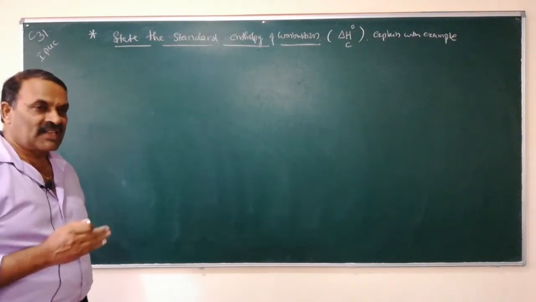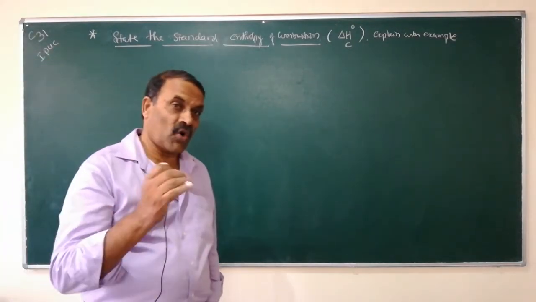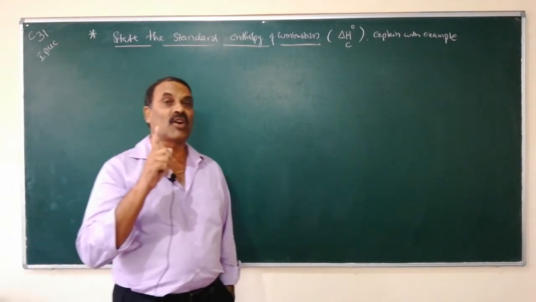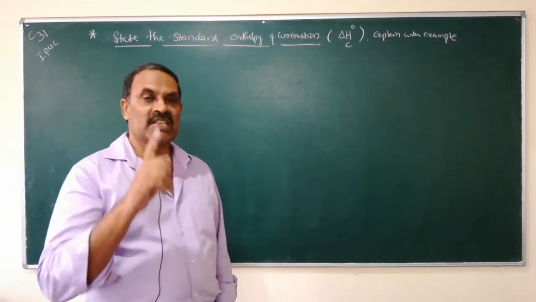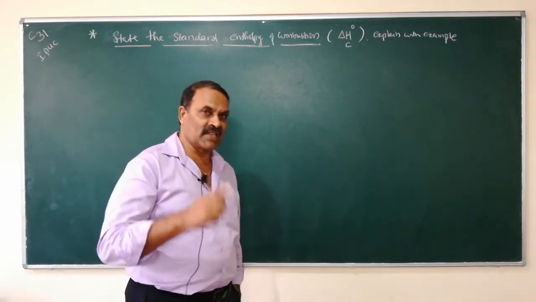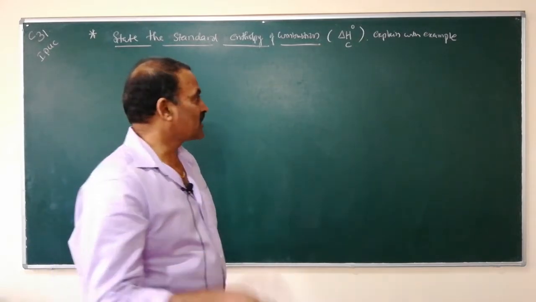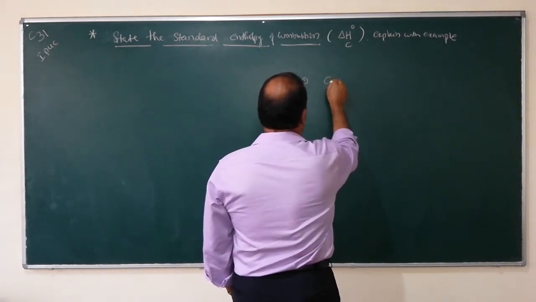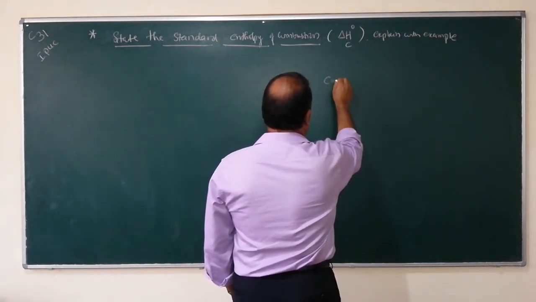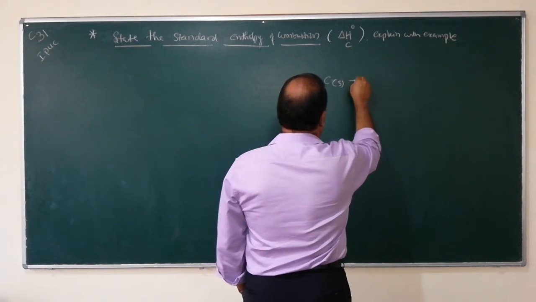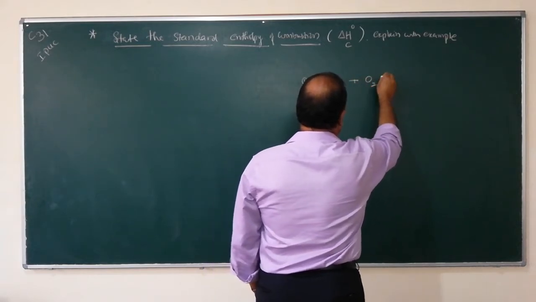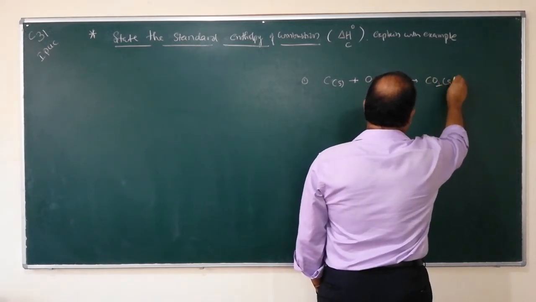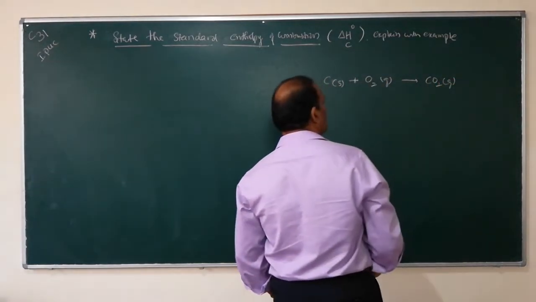So, we have studied the definition of enthalpy of formation. It is the enthalpy change produced when 1 mole of compound is formed from its elements in their standard state. Here, look at these examples. C(s) plus O2(g) gives CO2(g).